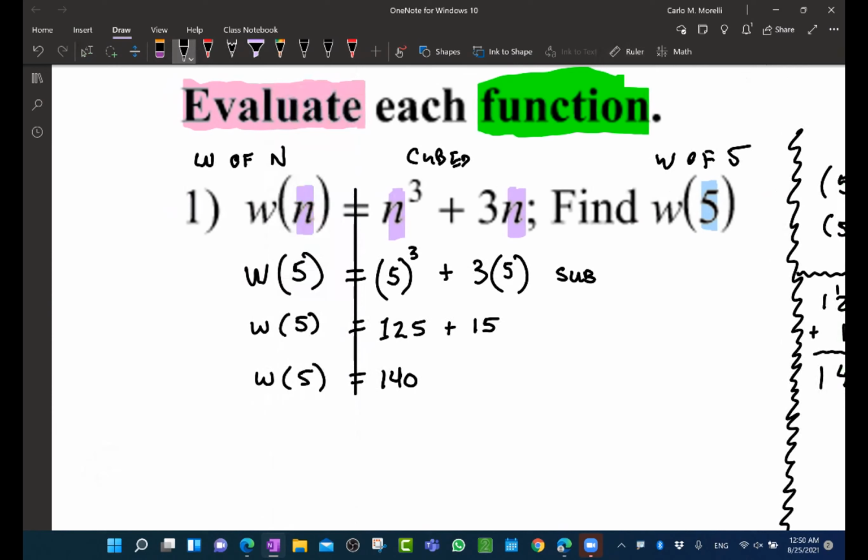Okay, so it looks like your answer, right, that you would put down on the paper is you'd write W of 5 equals 140.